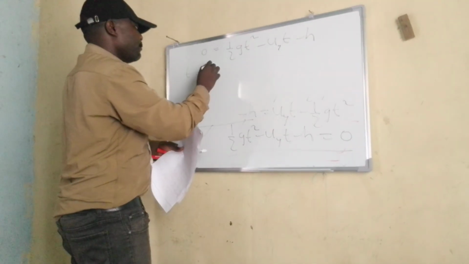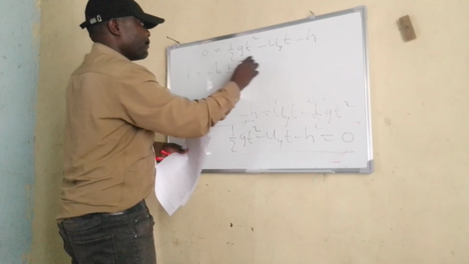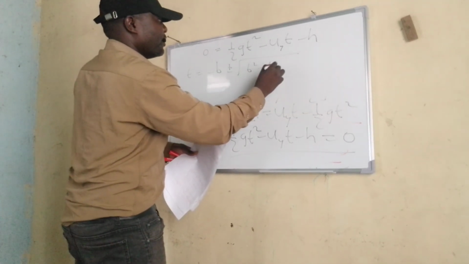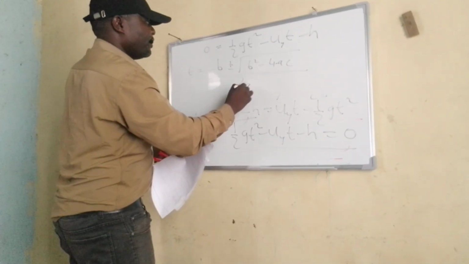So we apply the quadratic equation, which is minus b plus or minus the square root of b squared minus 4ac, all over 2a.